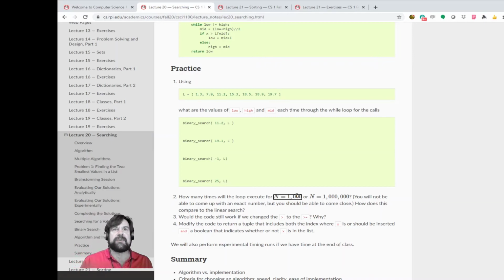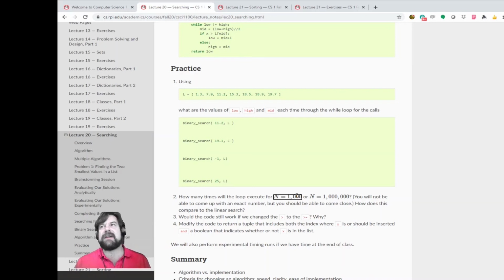So the two places where it's used is where you have to maintain a sorted list anyway, or where it's convenient to maintain a sorted list. For example, inserting a number into a sorted list is an order of n operation, so it only takes order of n time. It takes n log n to sort it from start, so if you have a big list, sorting it takes a lot of work.